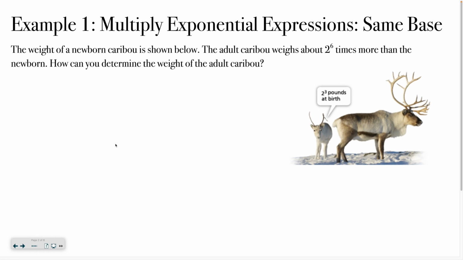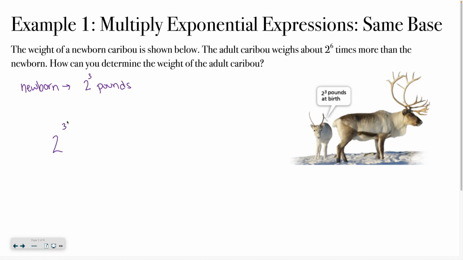Okay, so let's just refresh a couple of things. The newborn, it says over on the picture, weighs 2 to the 3rd pounds. Okay, and if we break that down a little bit, we have 2 and then that little 3 raised up and over to the right.